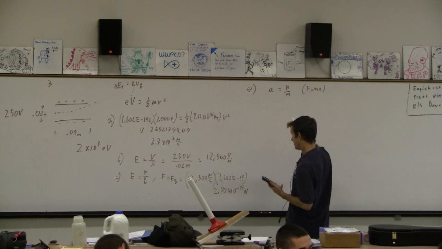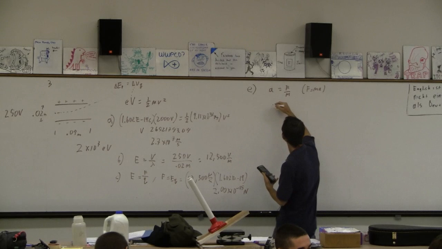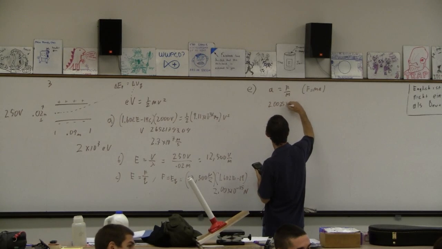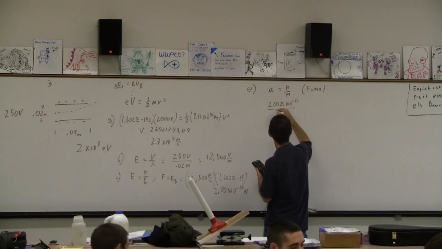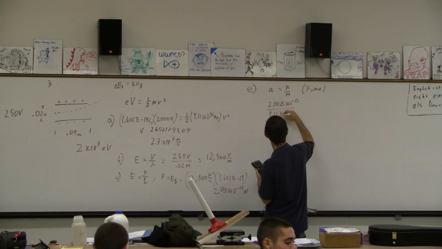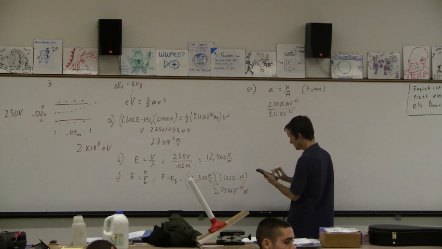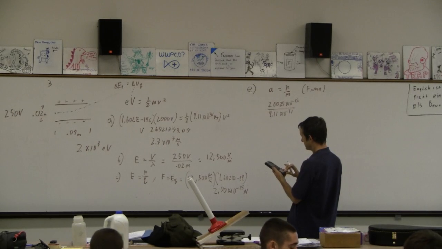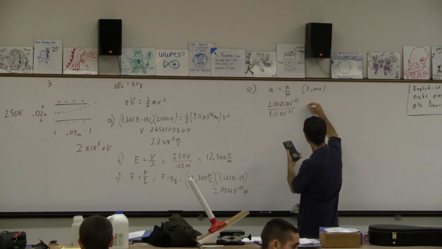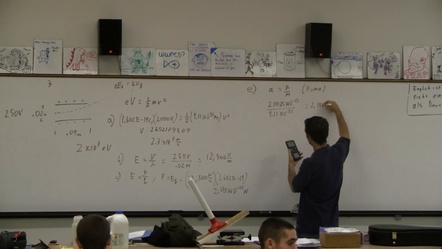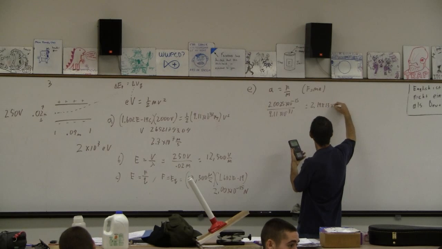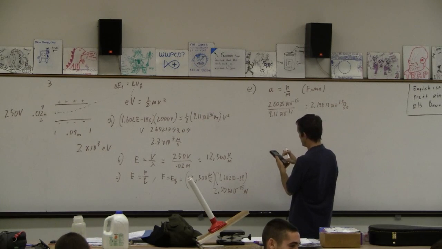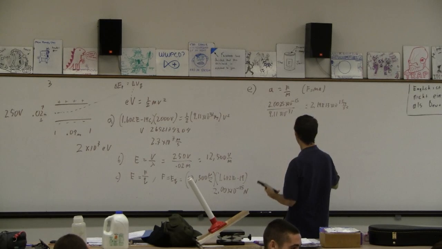So 2.0025 times 10 to the minus 15 divided by 9.11 times 10 to the minus 31 is 2.19813 times 10 to the 15th. I'm going to store that in A.